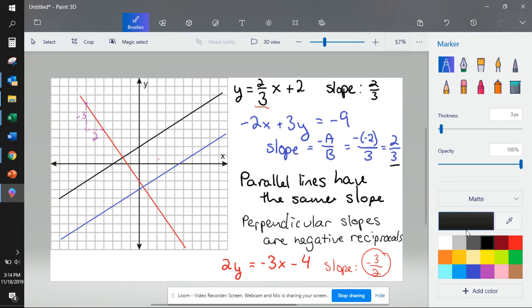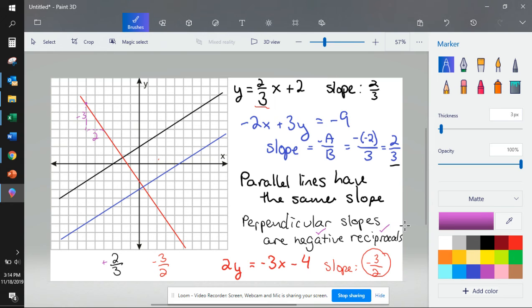Okay, so let's compare these two slopes. I have a slope of 2/3 for the black line, and I have a slope of negative 3/2 for the red line. So they are perpendicular if they are negative inverses of each other. This one is positive, this one is negative, so that checks off.